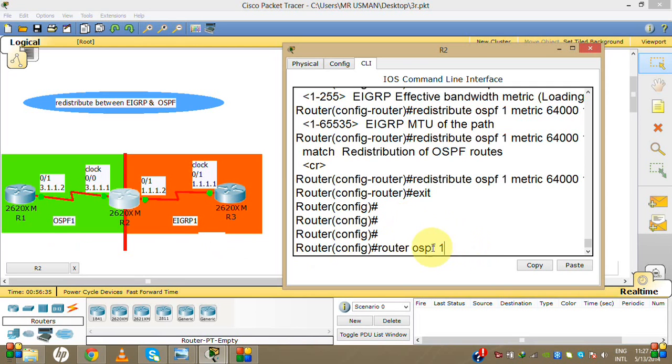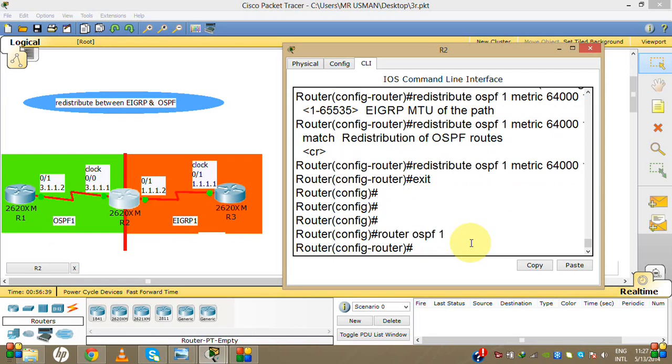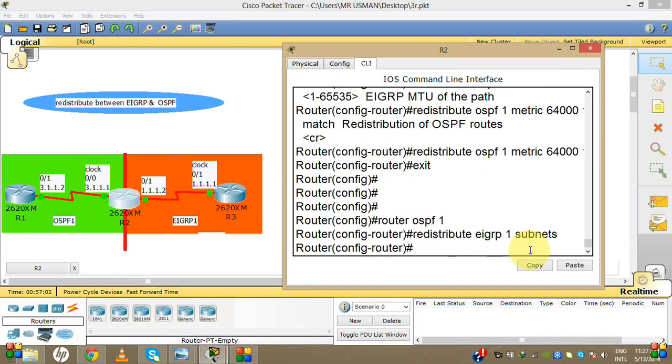Enter. Redistribute EIGRP 1 subnets. These are subnets, and I'm saying for subnets, the command is complete.